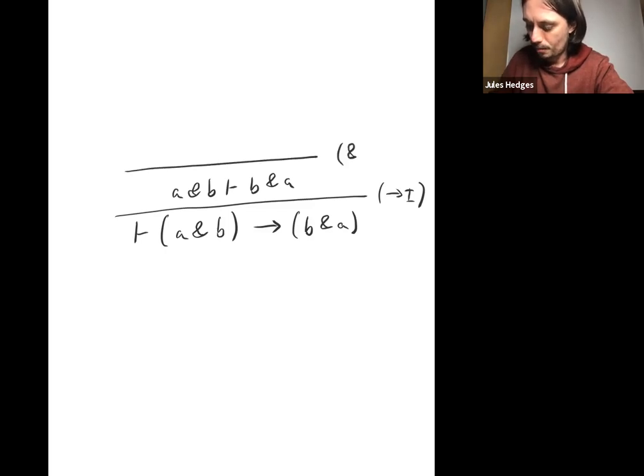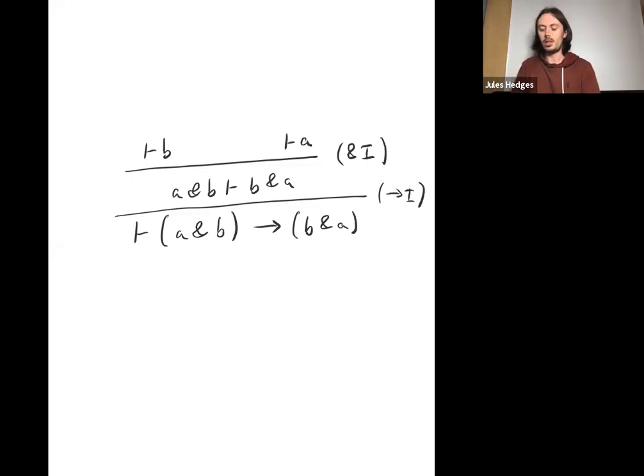and introduction, and now the proof branches. We need to prove B, and we also need to prove A. Okay, so let's focus on each of these branches separately. In the first branch, we need to prove B. This is kind of like the previous example. So in order to prove B, we're going to use and elimination, this time on the right.